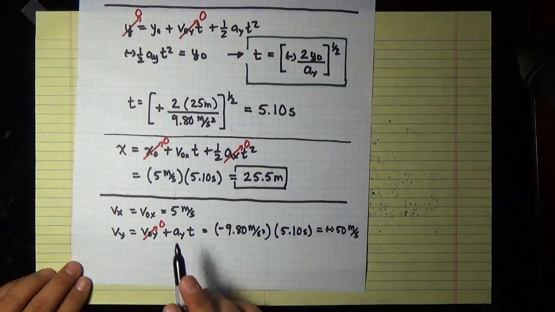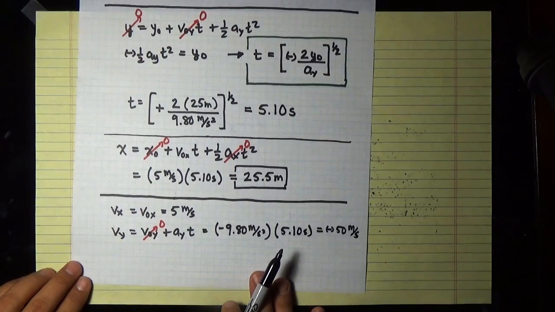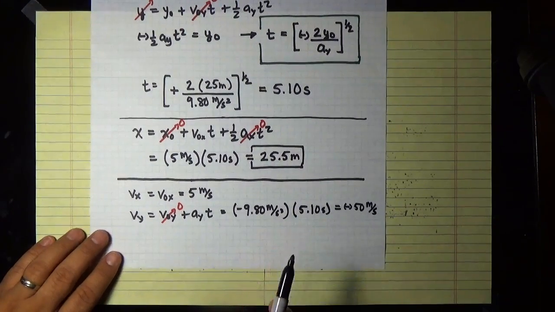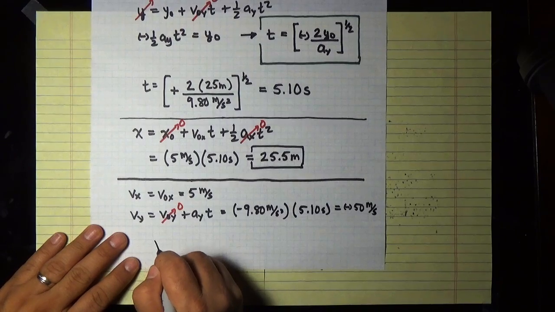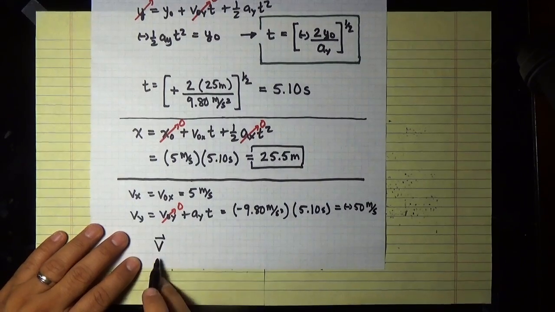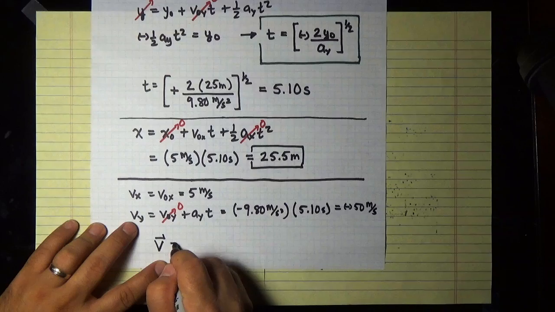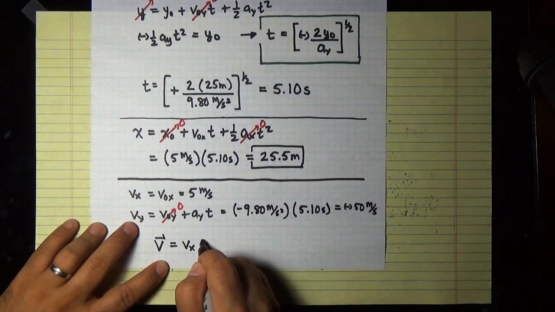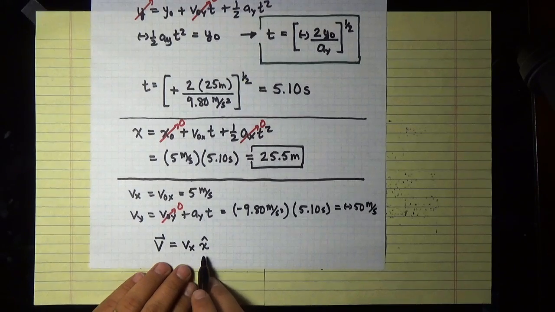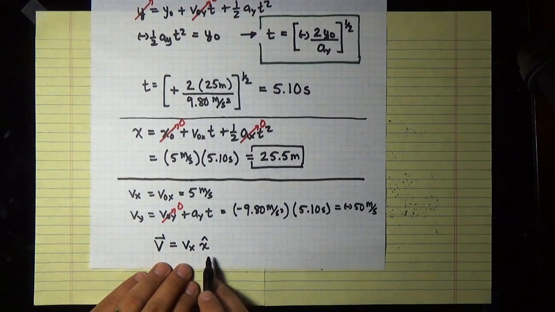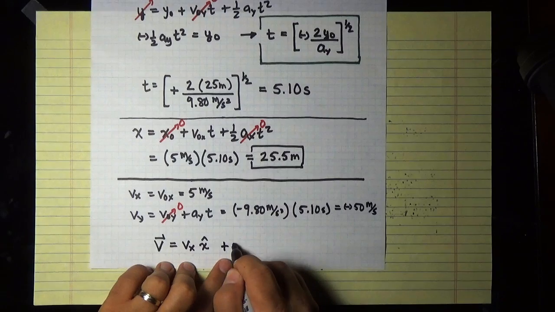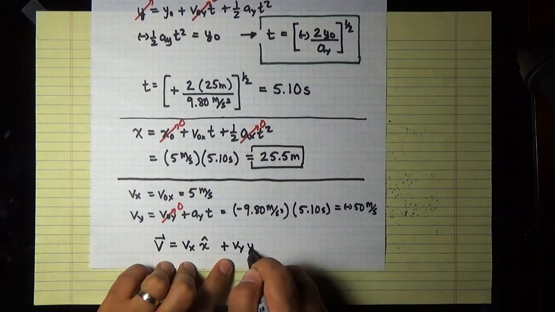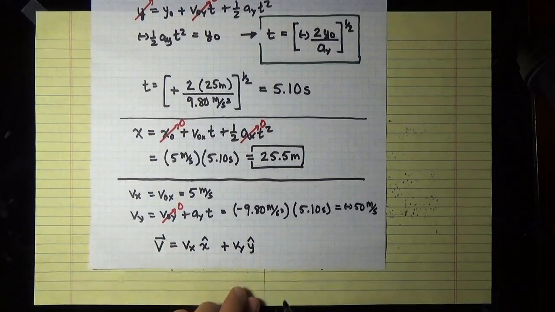Okay, so at this point, I'm actually done. I've found both of the component velocities that I was asked to find, although often you will see it written as the velocity vector. So let's go ahead and do that for practice. The velocity vector is the velocity in the x direction times x hat, the unit vector that points in the x direction, plus Vy, y hat, the unit vector that points in the y direction.